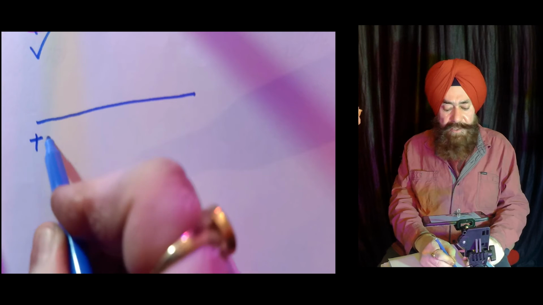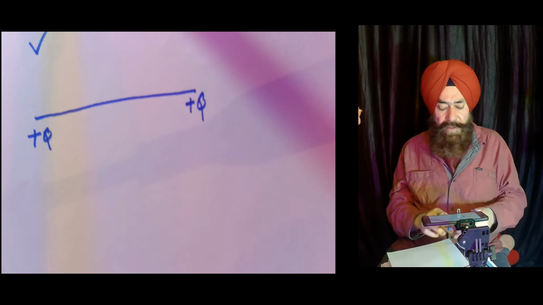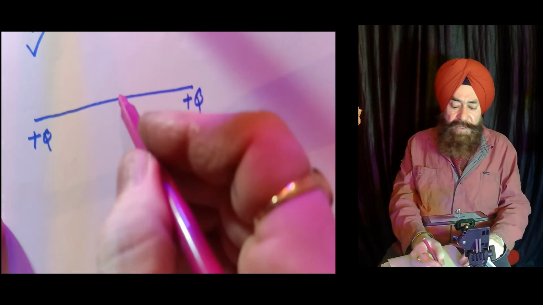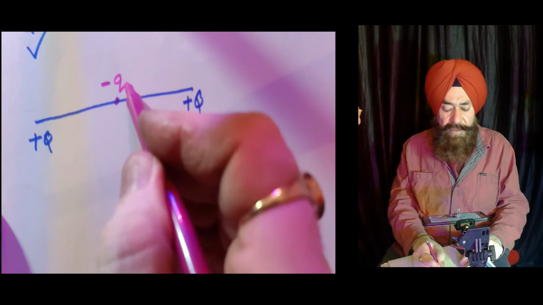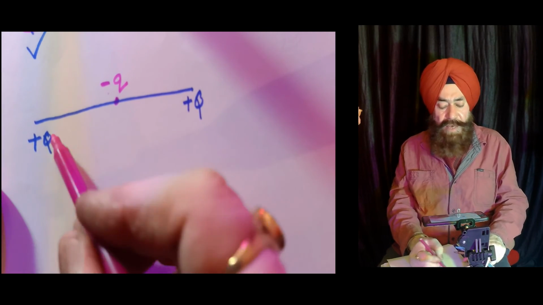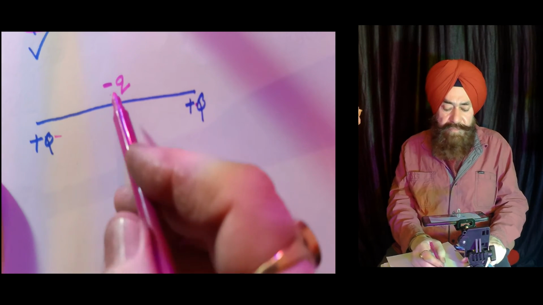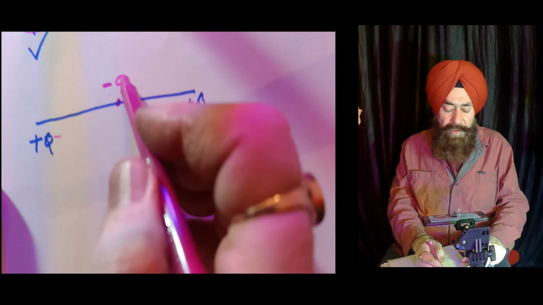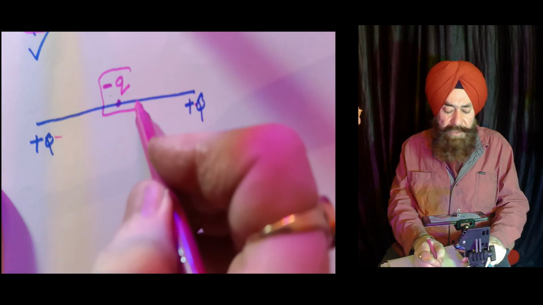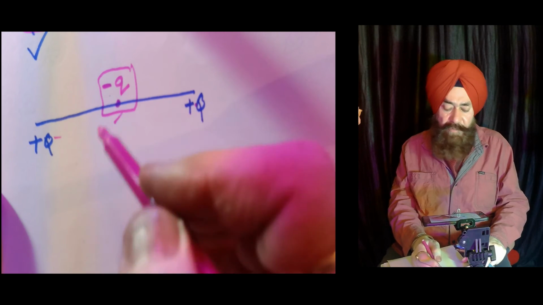If this charge is positive, this charge is positive, then this charge should be of opposite sign to the two. Now, because the net force on this charge is 0, maybe it is positive or negative, no problem.